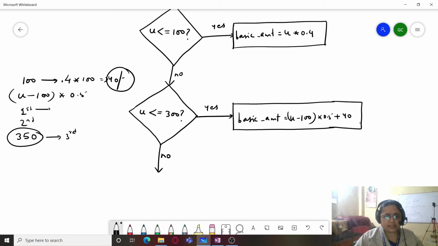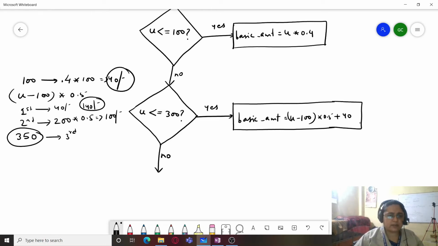For the first slab, we already know it is a fixed 40 rupees. For the second slab, it is the next 200 units which will be multiplied with 0.5, which will be your 100 rupees. So 100 rupees will also be fixed. That means 40 plus 100, 140 rupees will be the fixed charge for the third slab.